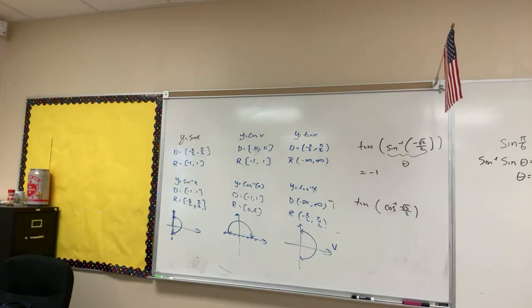The reason why sine x restriction is the same as tangent x restriction: similar, not the same. They don't include negative pi over 2 and pi over 2. So with those restrictions, you would never be on the opposite side. If it's the inverse, you don't go outside of the restriction.